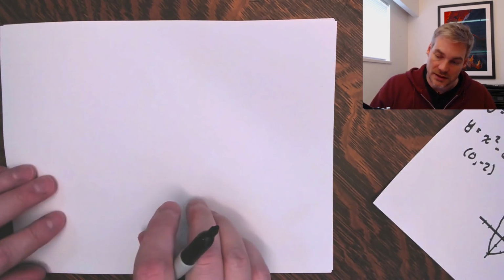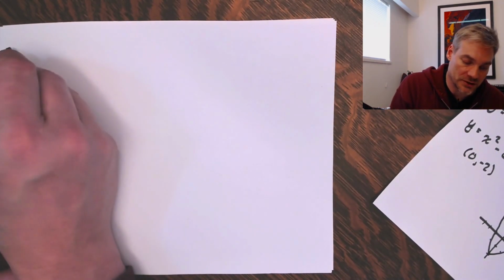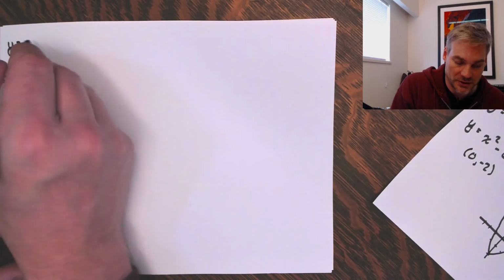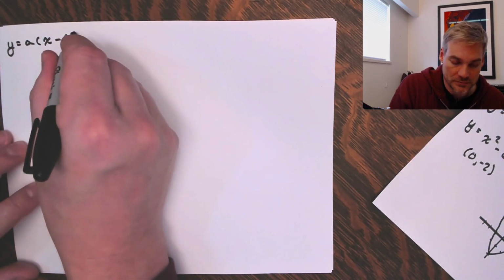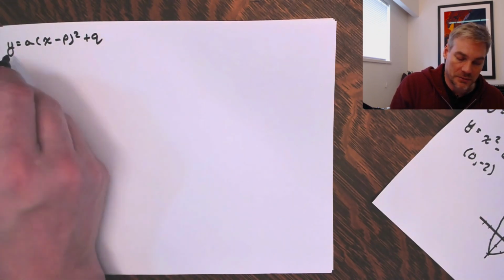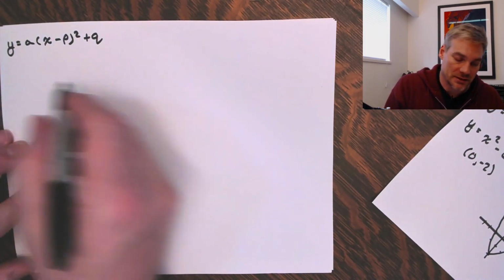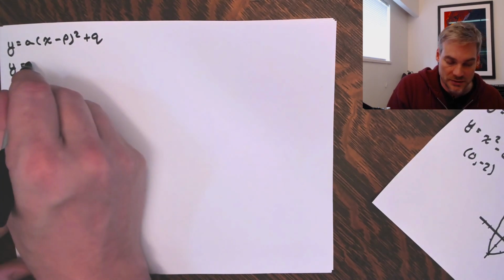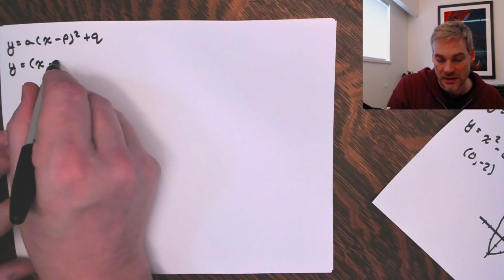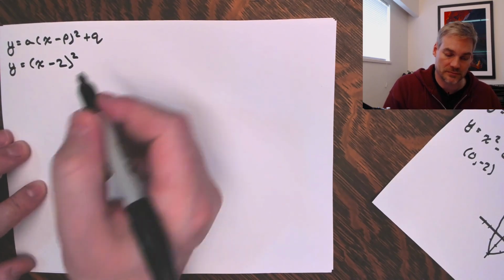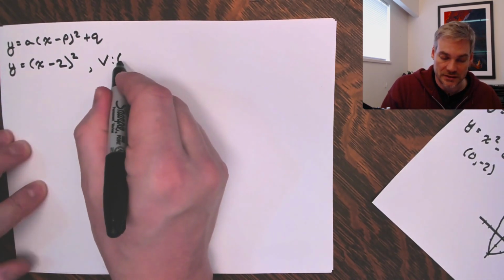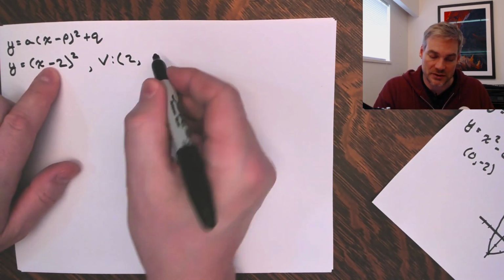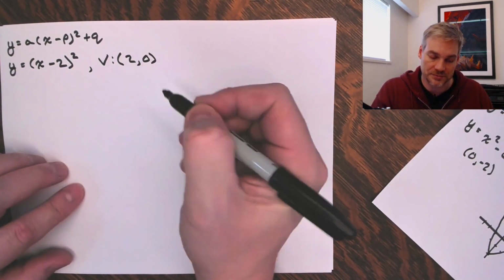So now let's consider the p value. Let's write out the vertex form, and now what we're going to do is just explore how p impacts this. So let's say y equals (x minus 2) squared. So our vertex, we now know, is the opposite sign, 2, and 0.